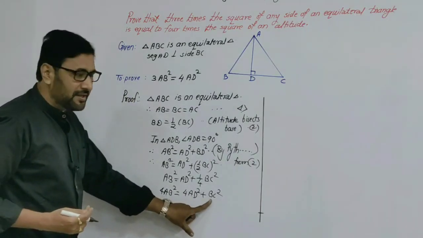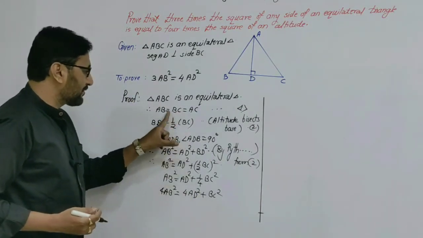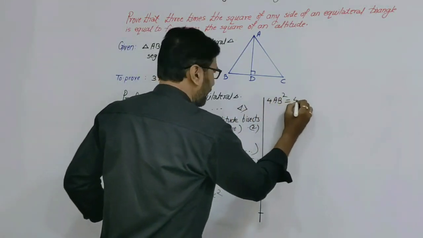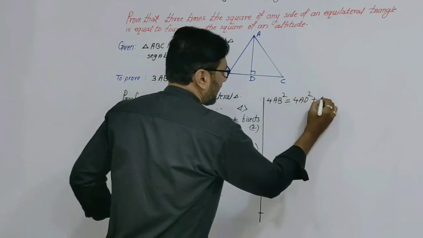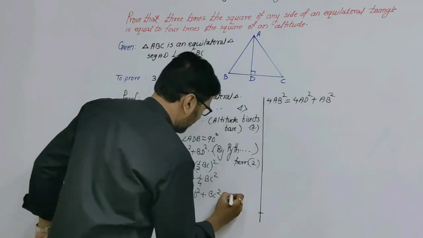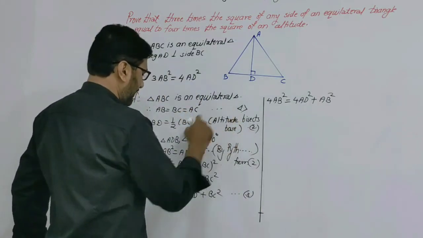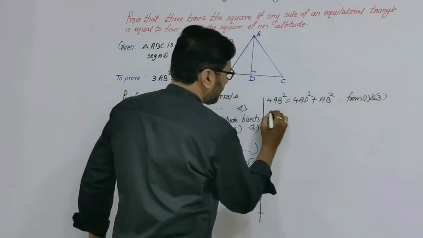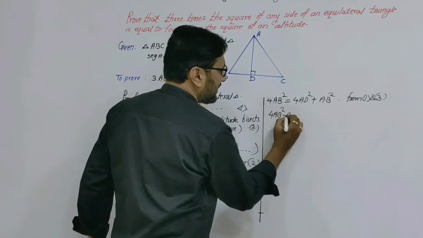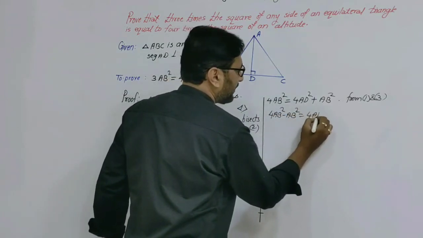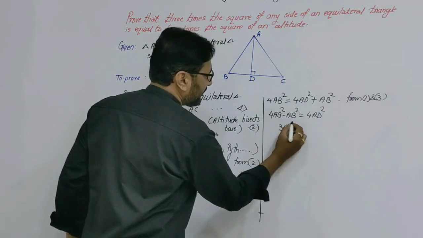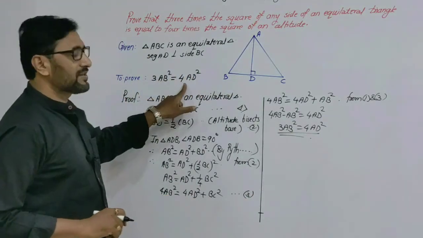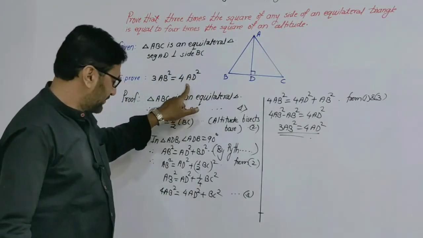But we have to remove this BC, and BC is equal to AB. So I will write 4AB square is equal to 4AD square plus AB square, suppose this is 3, this is 1, from 1 and 3. So 4AB square minus AB square is equal to 4AD square. 3AB square is equal to 4AD square, and this is what we had to prove students.